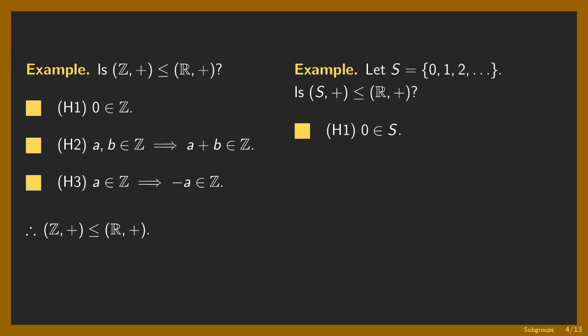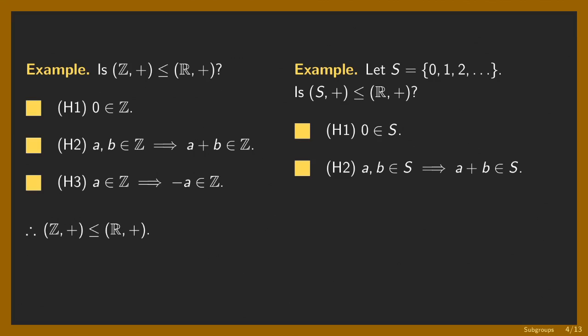Second, if I get two elements in S, is there another element of S? Because this set contains non-negative integers, we know that the sum of two non-negative integers is another non-negative integer, so we can confirm that the closure axiom is satisfied. Last but not the least, if I have an element of S, is its negative another element of S?